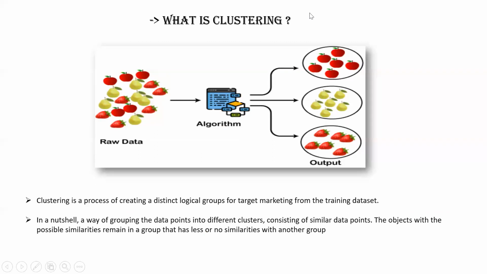As the name itself suggests, clustering is dividing a data set into logical groupings, so that one logical grouping has no relationship, or only a weak relationship, with the other segregated logical groupings. In this image, I have a training set which consists of apple, orange, and strawberry.